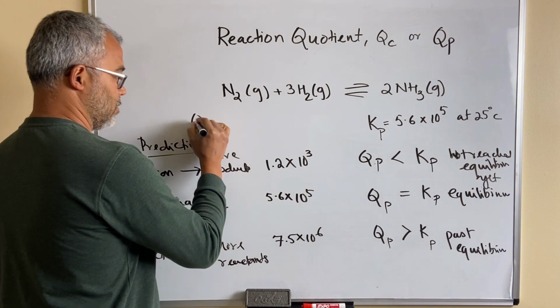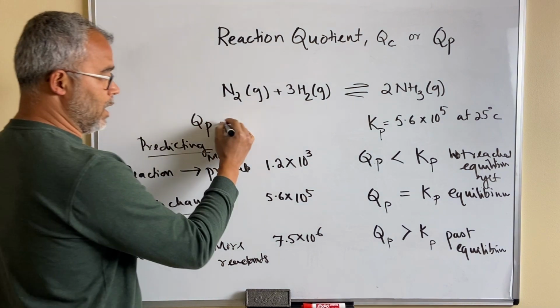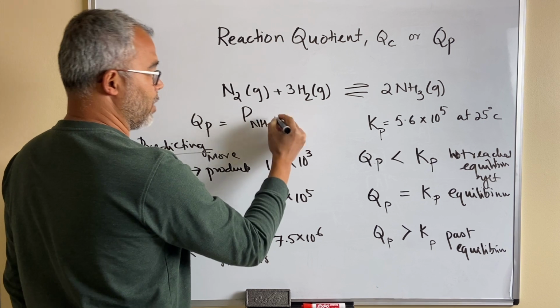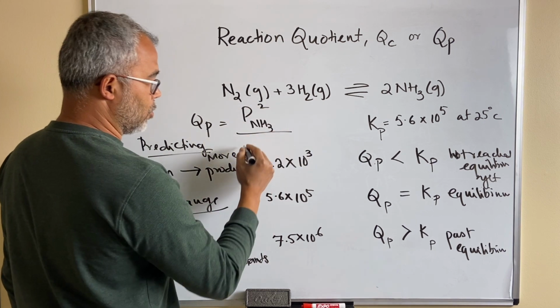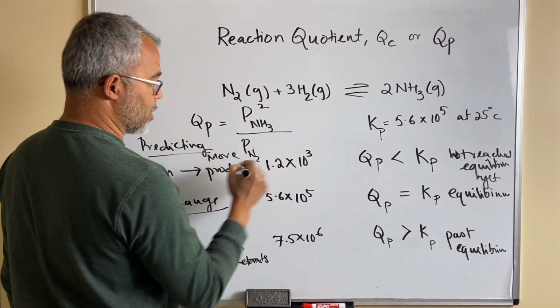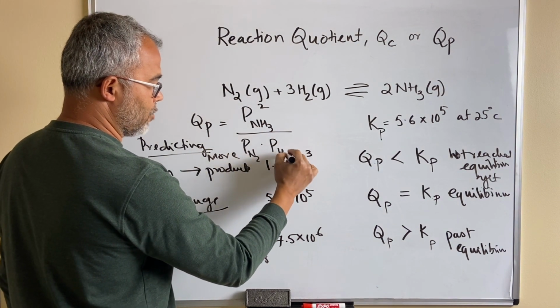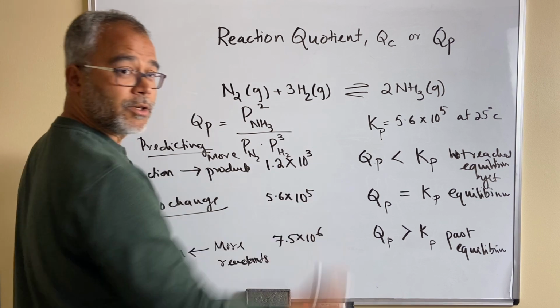So just so we're very clear, QP would be the partial pressure of NH3 raised to the coefficient 2 over the partial pressure of nitrogen raised to the coefficient of 1 times the partial pressure of hydrogen raised to the coefficient of 3.